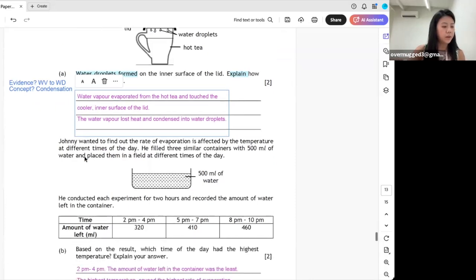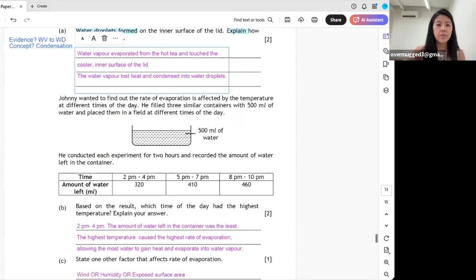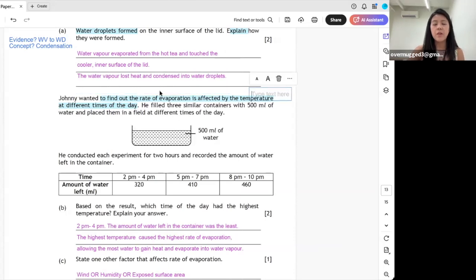Now, the next part of the question: Johnny wanted to find out how the rate of evaporation is affected by the temperature at different times of the day. Let's go into our MV and CV again. My MV, this time around, is actually at the start of the aim, which is the rate of evaporation. I'm going to measure the rate of evaporation. What is my change variable? The change variable will then be the temperature at different times of the day.